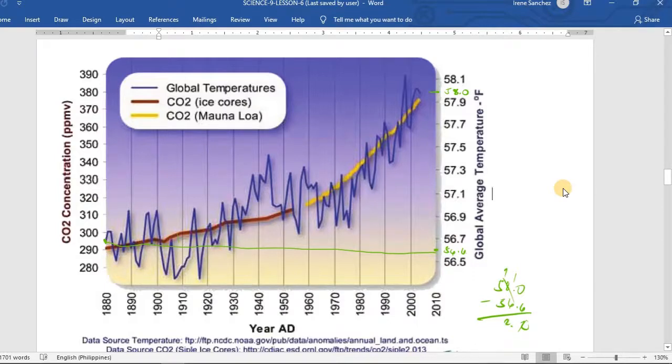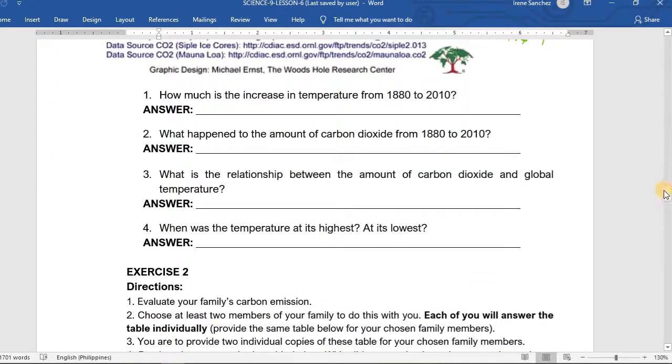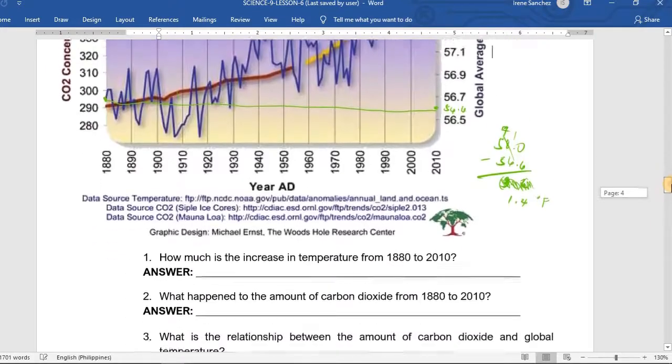So let's erase. Save. The answer is 1.4 degrees Fahrenheit increase. If my solution is right, just check. So that is how you answer.